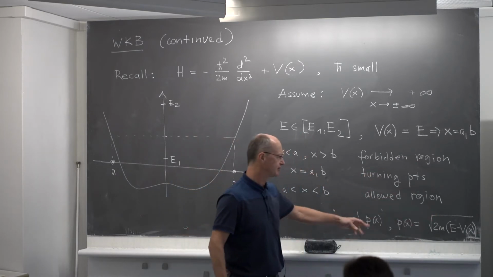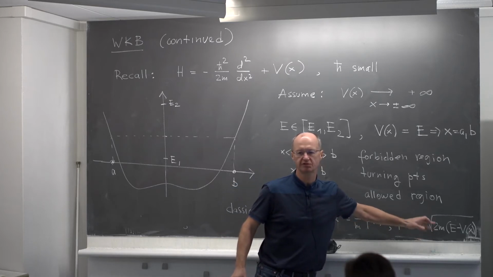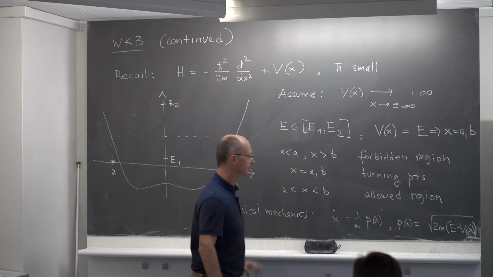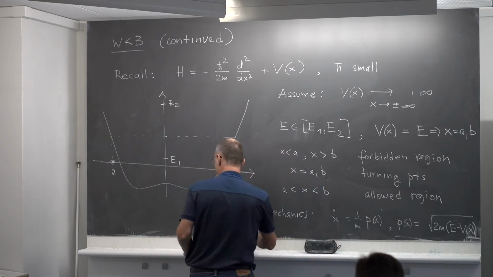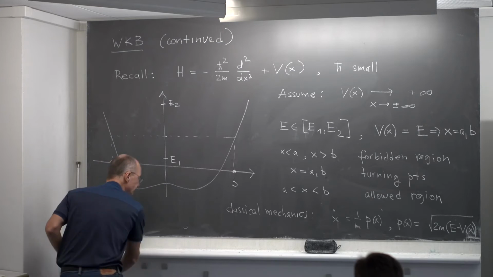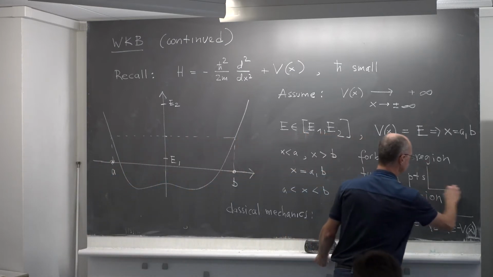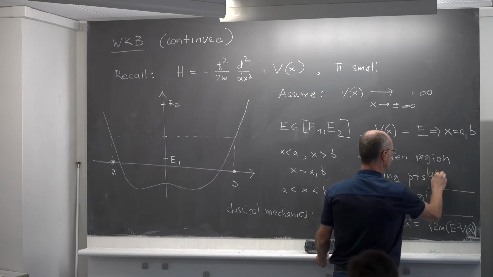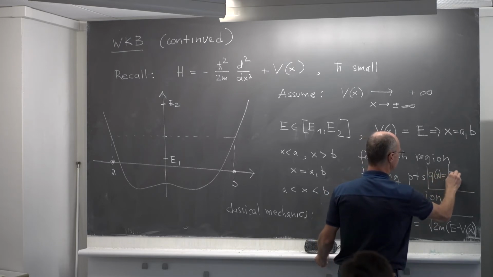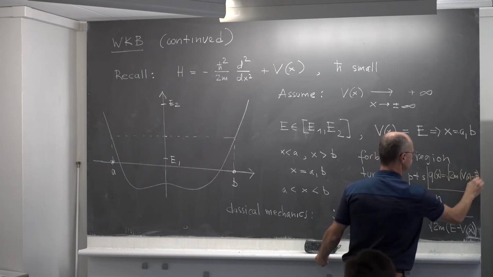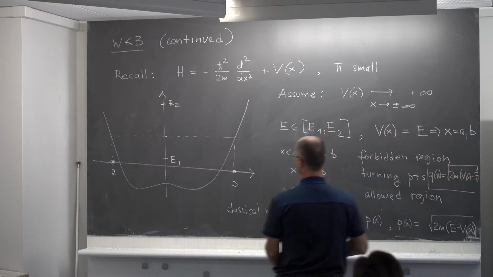So sometimes I assume that the square root is positive, but sometimes I assume that it's either positive or negative, depending on the context. So actually it's convenient to introduce a similar quantity defined in the forbidden region, which we call q of x, and this is the square root of 2m (V of x minus E).